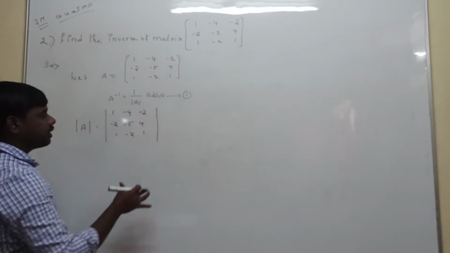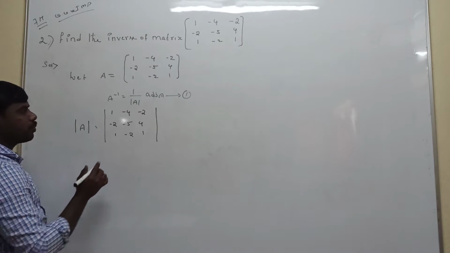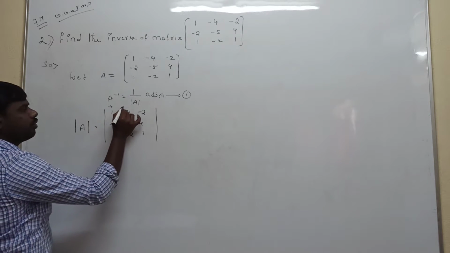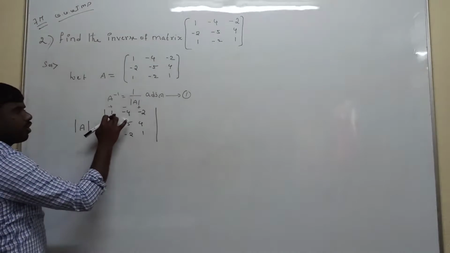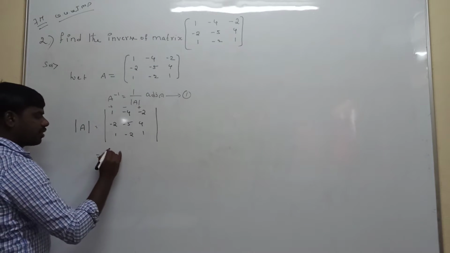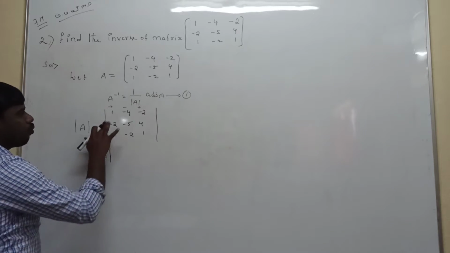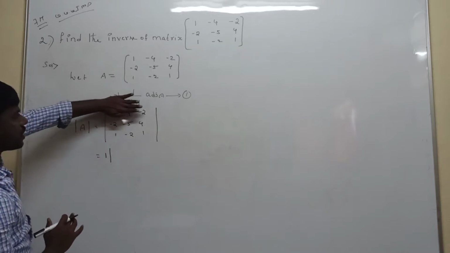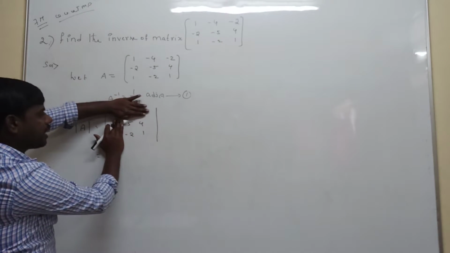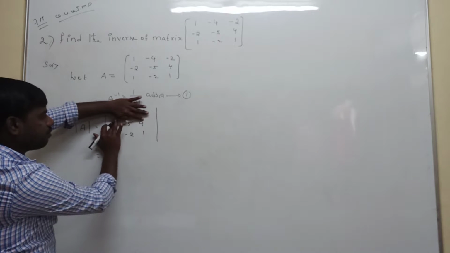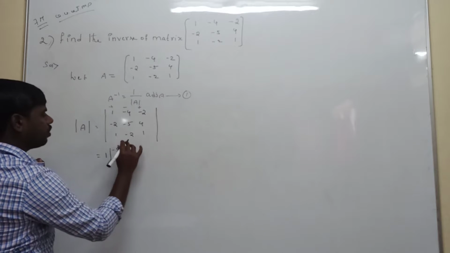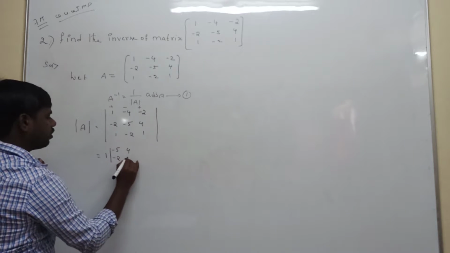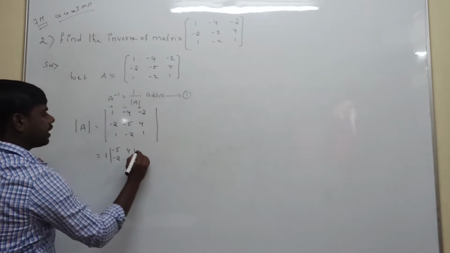Whenever it is a 3 by 3 matrix, the signs to consider are positive, negative, positive. First term plus 1 we are taking, after that take the determinant. 1 is present in the first row, first column, so eliminate them. What is left of the elements? Minus 5 4 minus 2 1. Next, the symbol is negative.